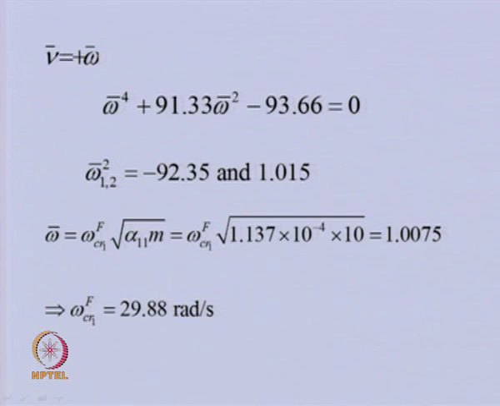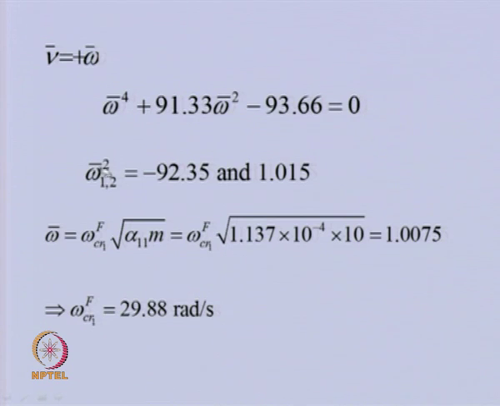For forward whirl, we have the condition that the whirl frequency is equal to the spin speed ratio. If we substitute this to get the critical speed, the previous polynomial, which was containing both, will reduce to a simple quadratic equation in terms of omega square.